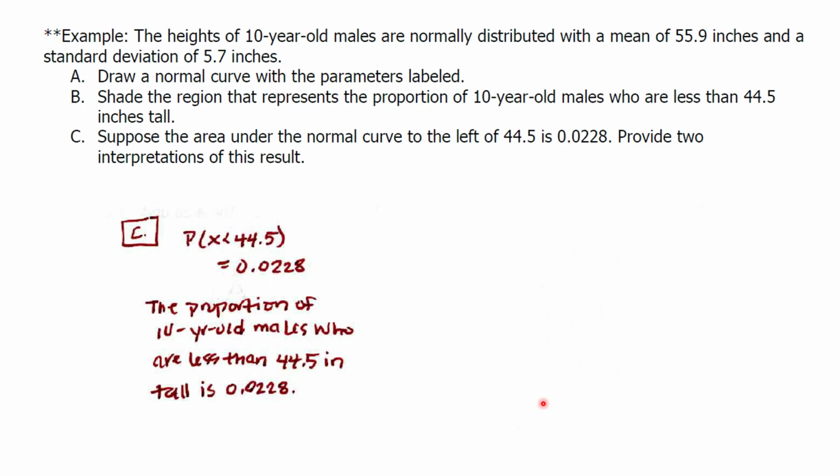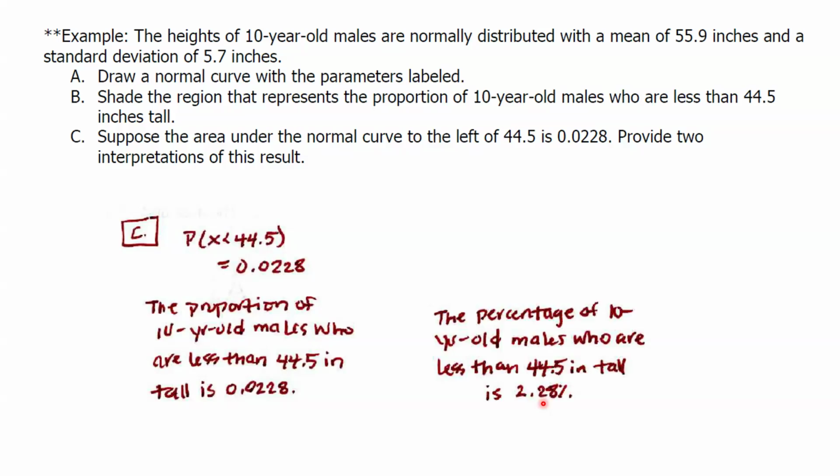Well, the first interpretation is going to be that the proportion of 10-year-old males who are less than 44.5 inches tall is 0.0228. And another interpretation of this value is going to be that the percentage of 10-year-old males who are less than 44.5 inches tall is 2.28%. Okay.